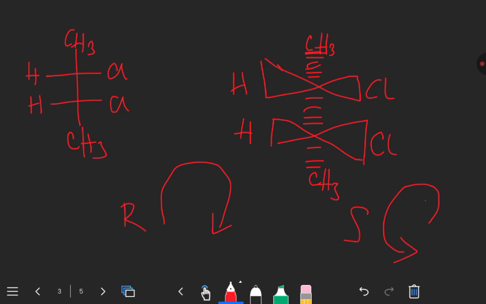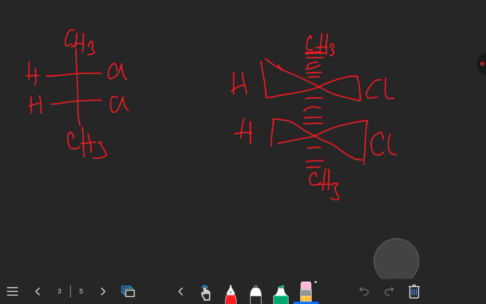The other thing we must understand here is that when determining, you just need to consider the carbon you are talking about, then look at the groups which that carbon is attached to. So let's determine whether it is R or S on the first structure.